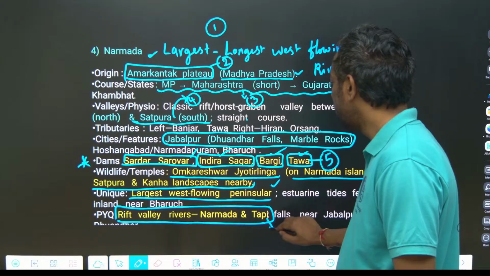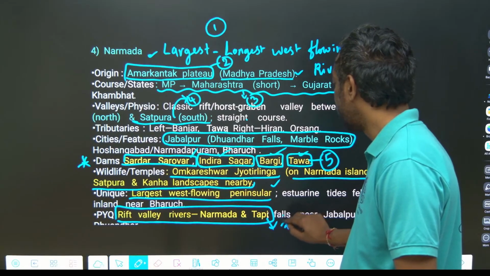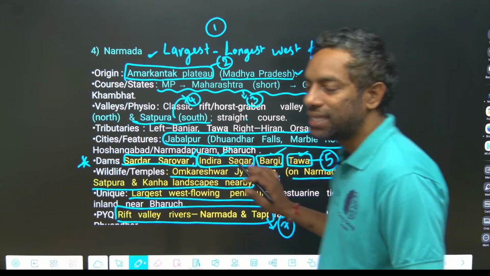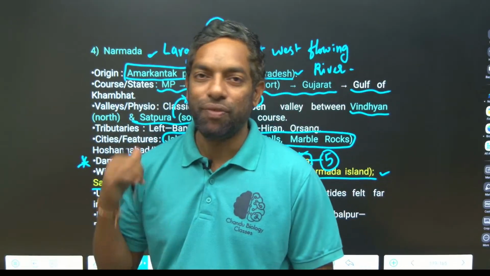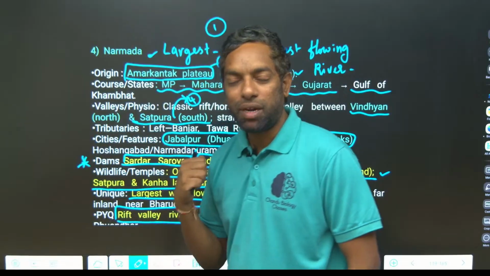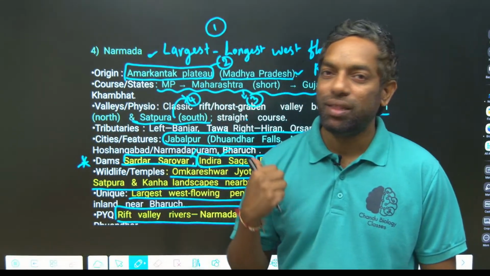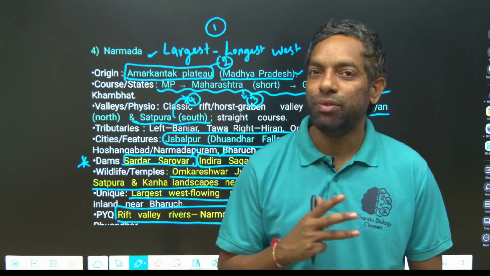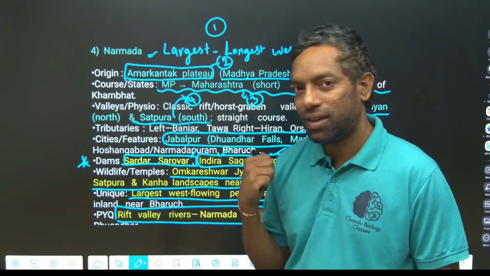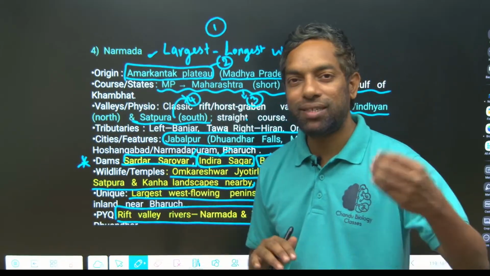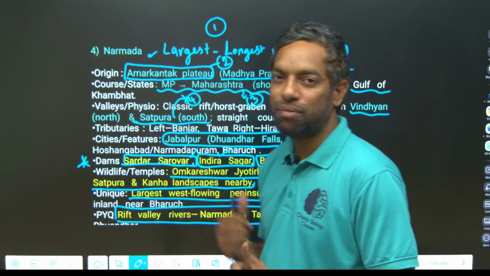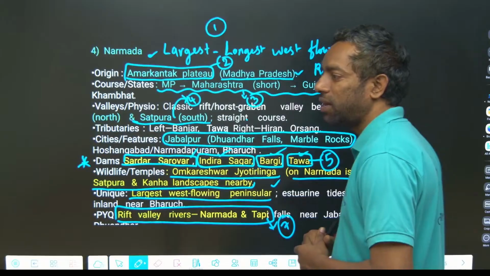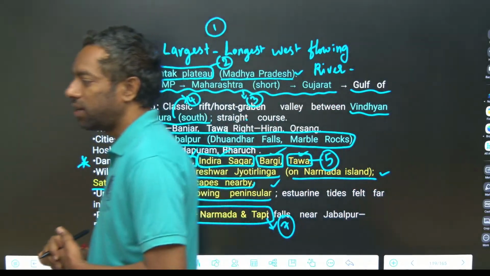Seventh point: it is a Rift Valley river. These 7 points are most important from the exam point of view. They rarely miss these, and there is no other point beyond these 7 for the Narmada river. Just look here and take a screenshot.